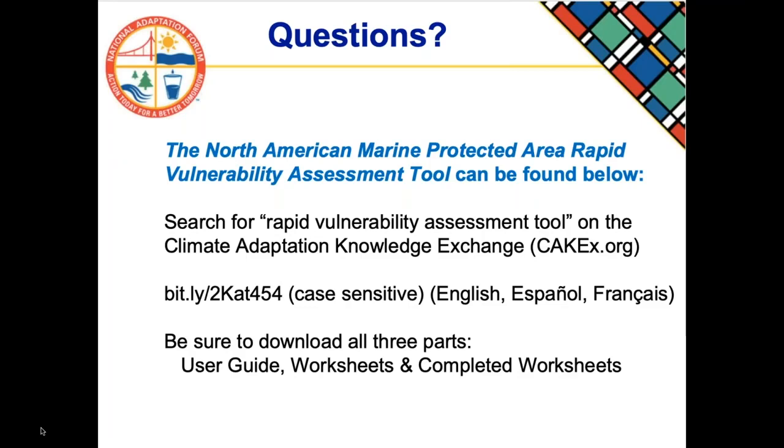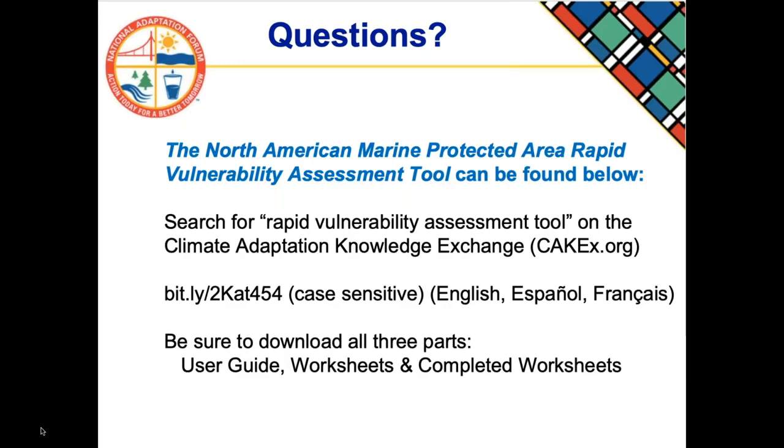The bit.ly link here is case sensitive. It links you back to the Commission for Environmental Cooperation's library for these resources, where they have the 3 components of it, which are a user guide, worksheets, and completed worksheets in 3 different languages. The primary language is English. It's also been translated to Spanish and French for use in the 3 different countries and around the world.